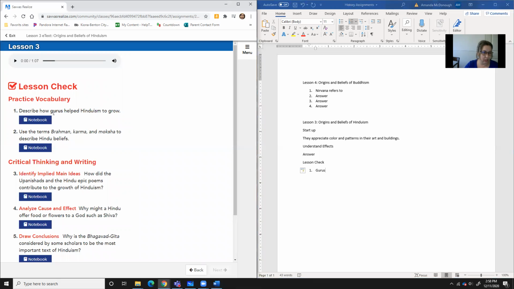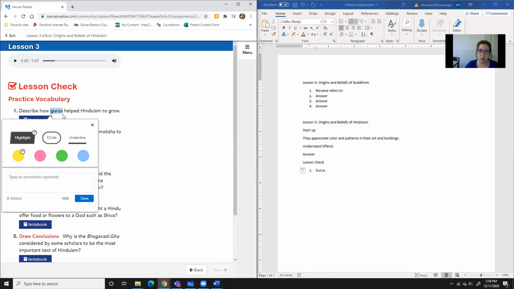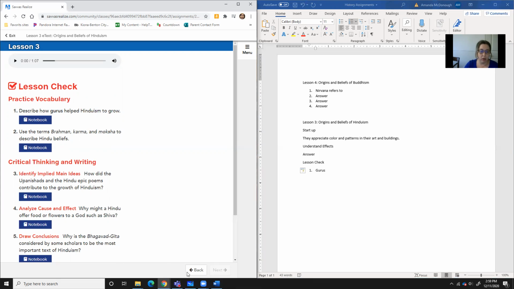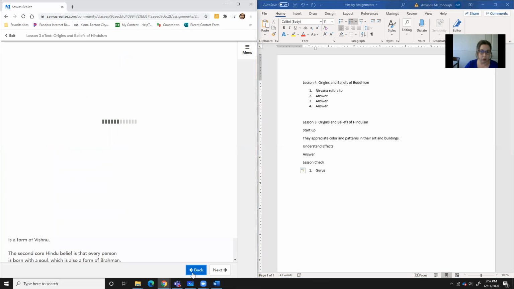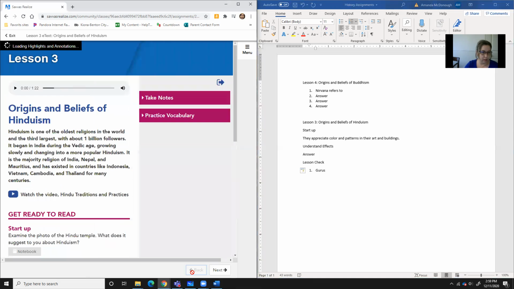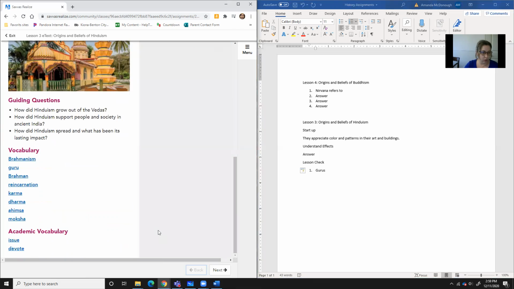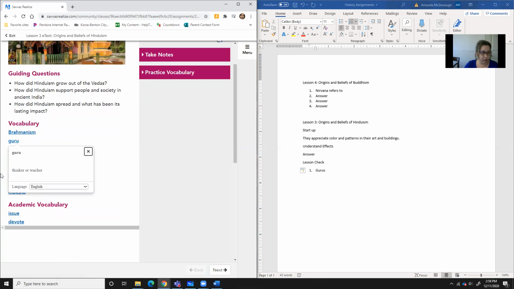All of these highlighted bold ones usually mean a vocabulary word, so you can even skip back to the start of the chapter and get the definition. That can help you with the answer in this case, because they're asking what a guru is: a thinker or a teacher.